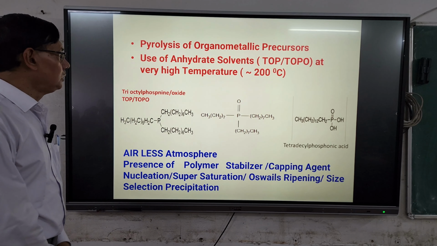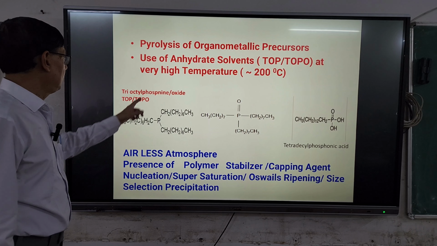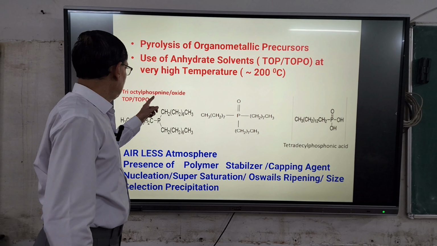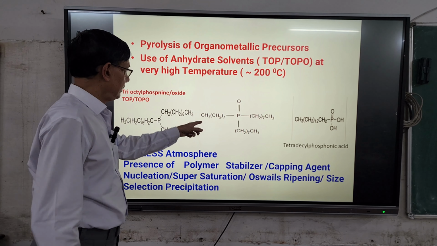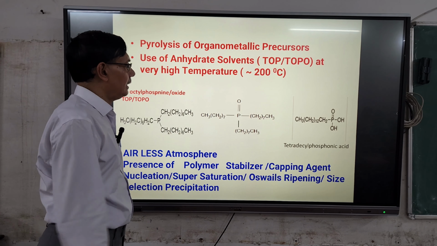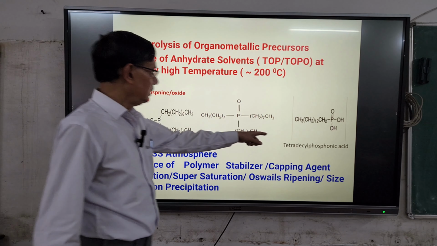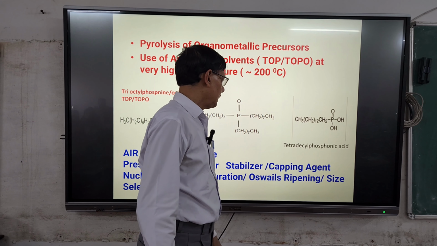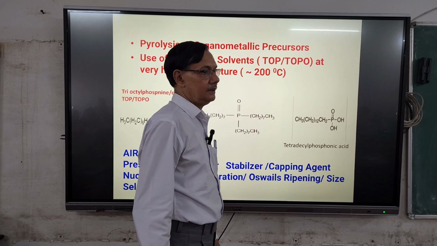One is, as you know, trioctyl phosphine oxide, and trioctyl phosphine. It is a trioctyl compound because it acts as a very good stabilizer. It will bond with zinc or cadmium. Nowadays people are also using the solvent tetradecyl phosphonic acid.